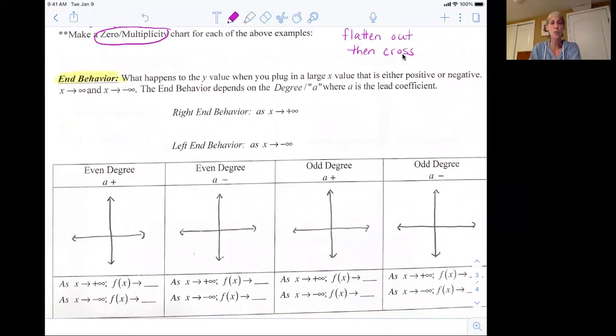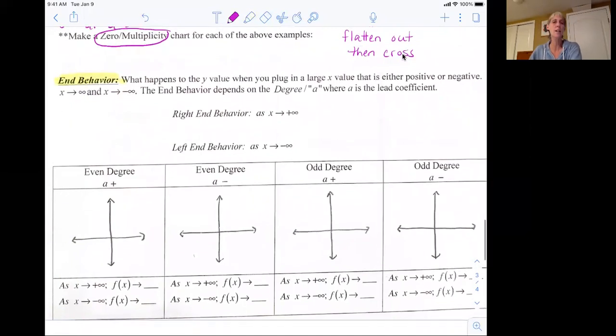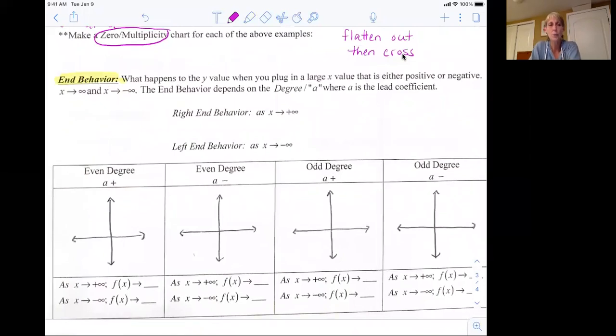End behavior is a little tricky to understand, but we're going to discuss it enough this year that by the end of the year, you'll be good at it. End behavior is what happens to the y value when you plug in a really big x or a really small x. In other words, what happens as I plug in really big numbers or really small numbers?